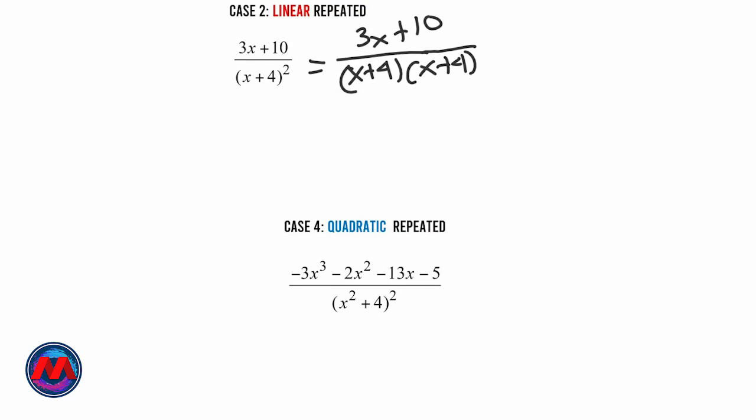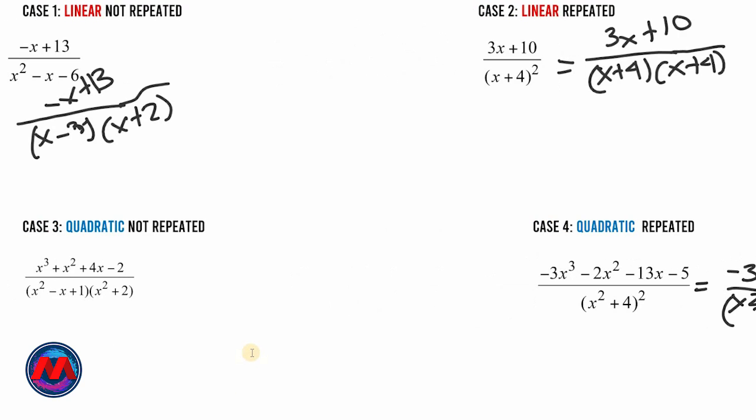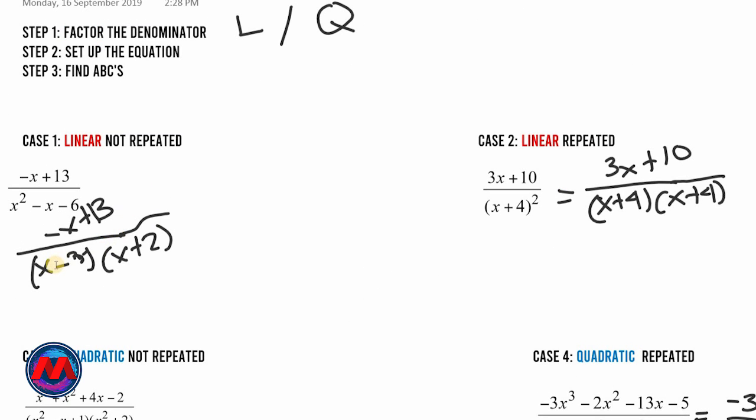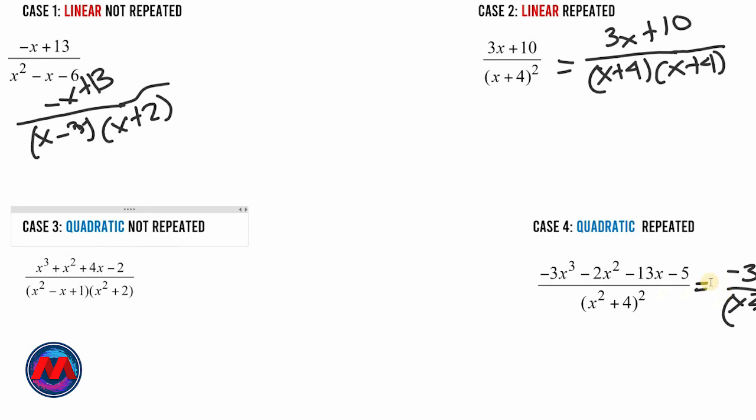Like here, kung titignan natin yan, that's the same as x squared plus 4 times x squared plus 4 squared. Yun. So, these are the 4 cases. First, linear not repeated. Second, linear repeated. Third, quadratic not repeated. And case number 4, quadratic repeated.